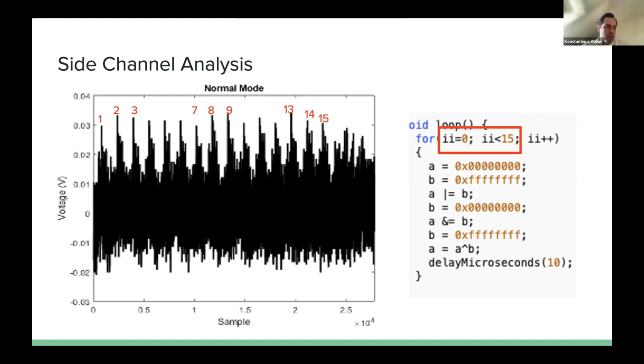If you pay attention, you will see that we are talking about 15 peaks, and you can see on the image on the right that the loop gets executed exactly 15 times. We were able to learn important details about the structure and what happens inside the program just by observing the electromagnetic signals that get emitted from this device.